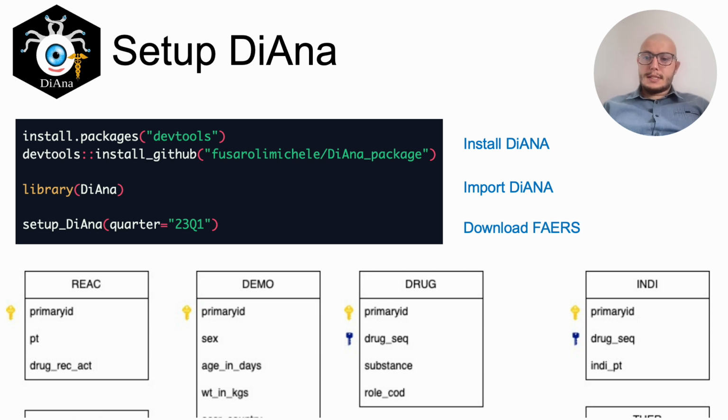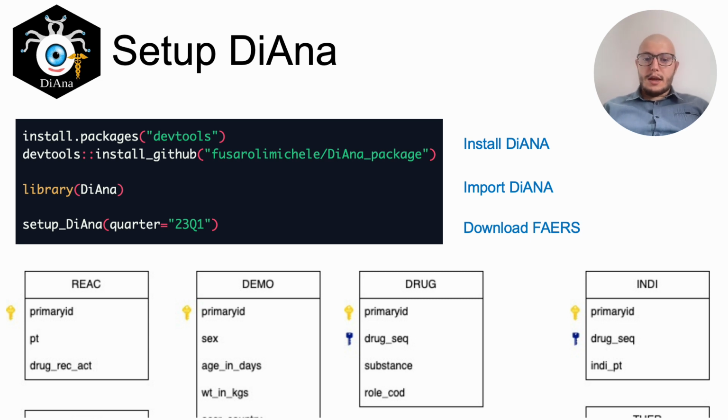First thing, we set up DiAna, and this means that if we haven't done it before, we have to run the first two lines to install DiAna, then the third to import its function, and finally set up DiAna, which allows us to download the files and ancillary datasets.